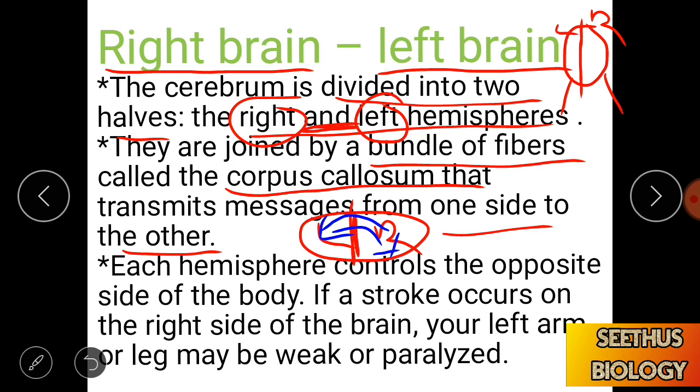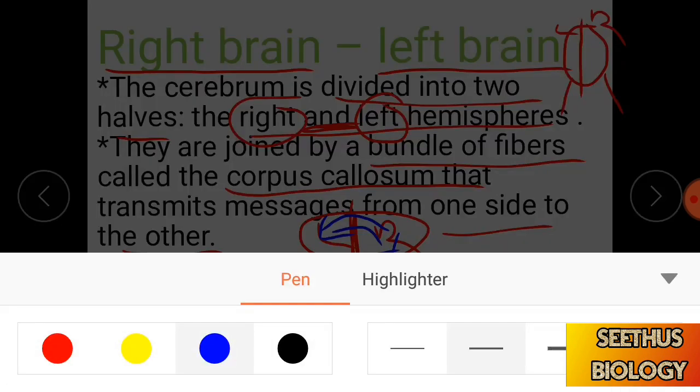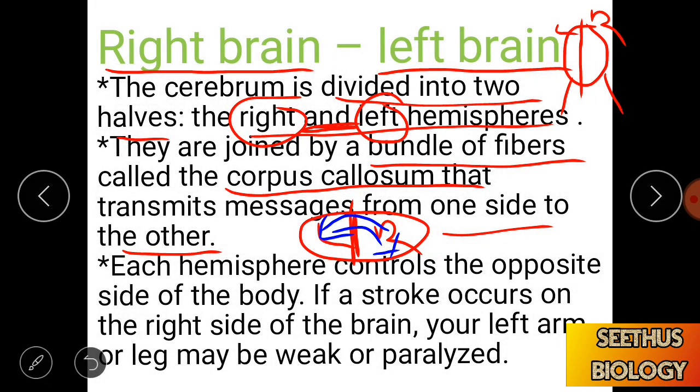This signal and message transfer is under the control of this corpus callosum, which connects the left and right hemispheres present in our cerebrum in the brain. This is the main role played by the right and left hemispheres and the corpus callosum, that is the bundle of fibers.